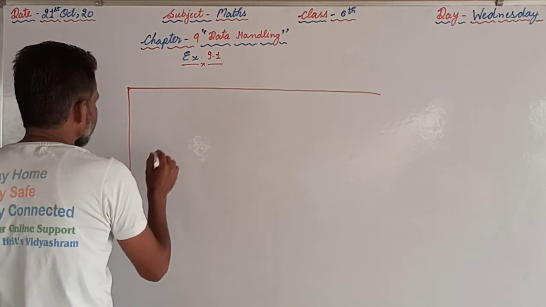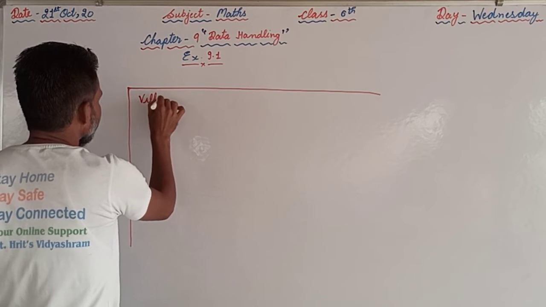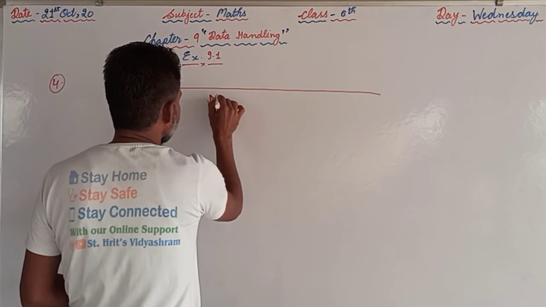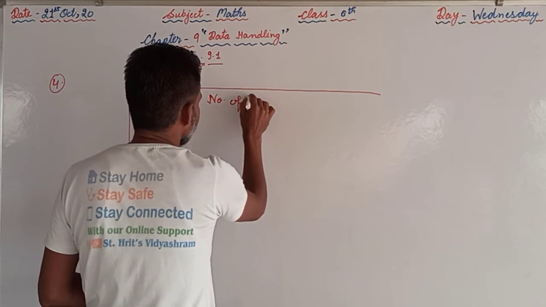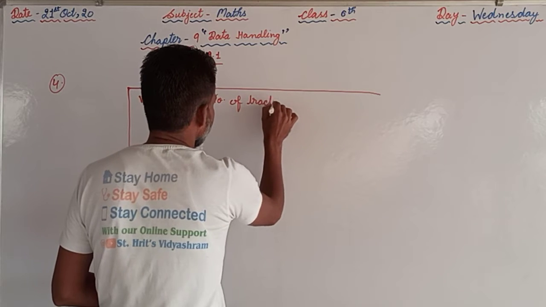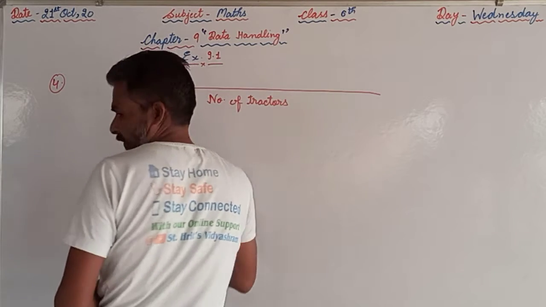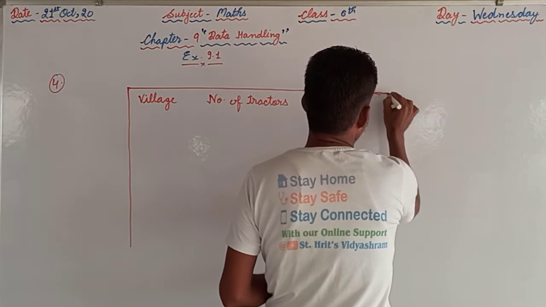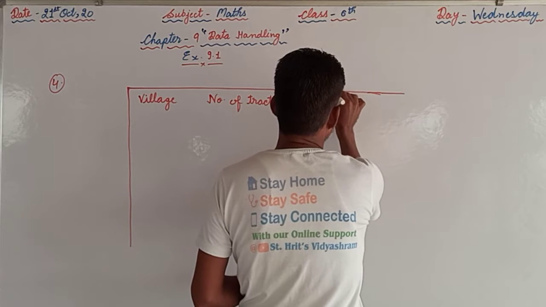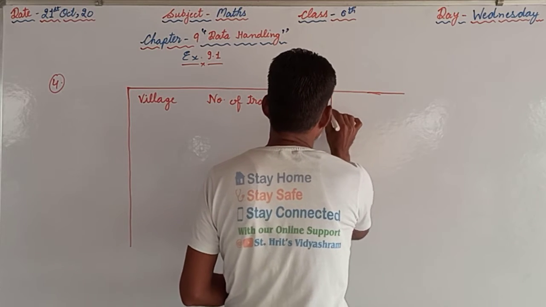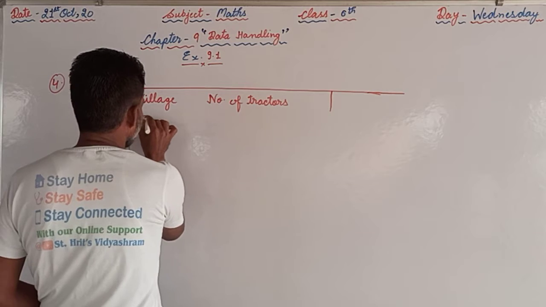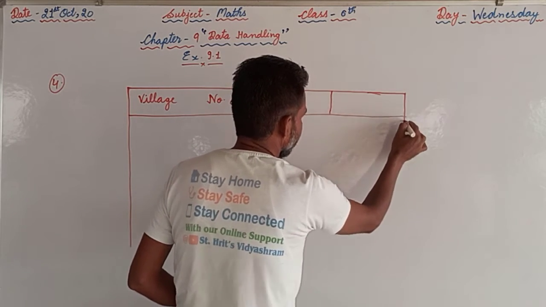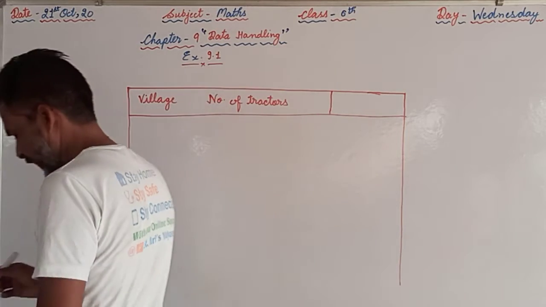First of all, first column is for village, second column is number of tractors, and here upside the scale is also given.